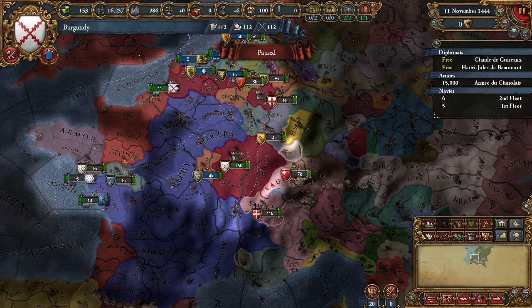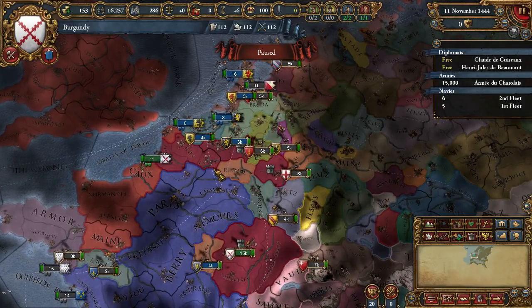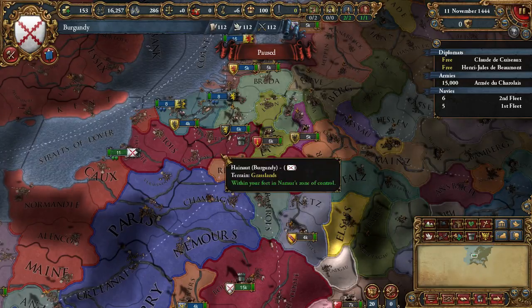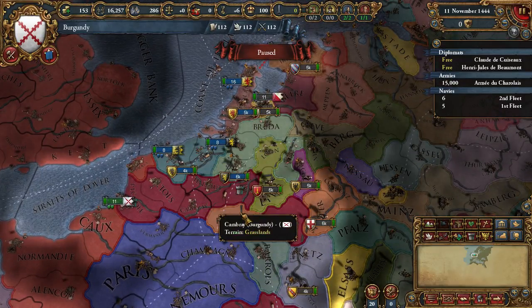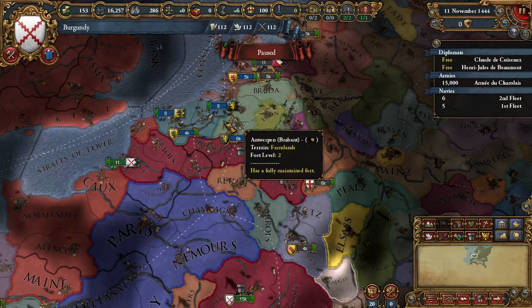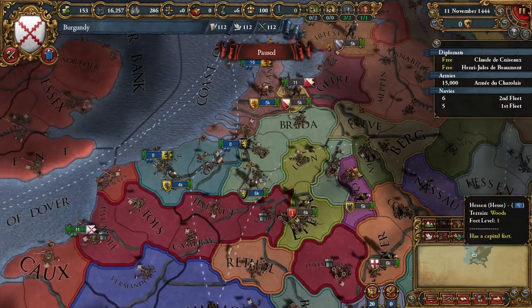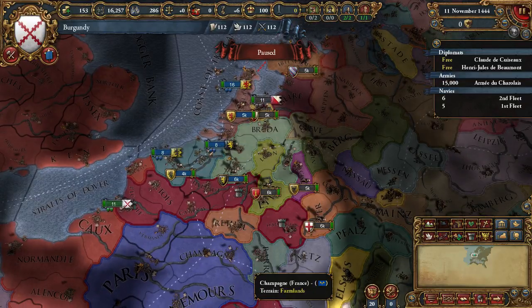During this period, the Dukes of Burgundy, after some successful royal marriages, managed to take under control most of the lands of today's Netherlands. So in the game they are presented as Brabant, Flanders and Holland. These are the real states of those times.